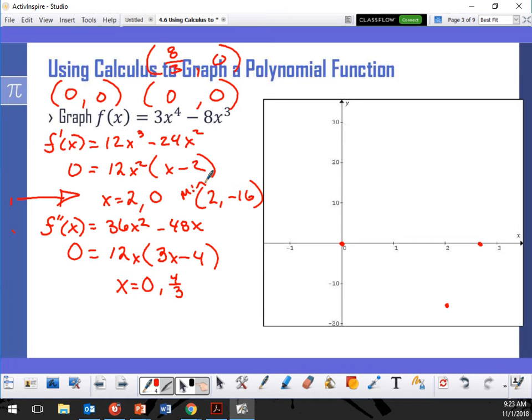Okay, if I do the same thing for 0, let's see what we get at 0. Oh, I end up with 0, right? Now, when I have 0 and I'm plugging in my critical point, what's that tell me? It is going to still be one of my points of inflection, right?